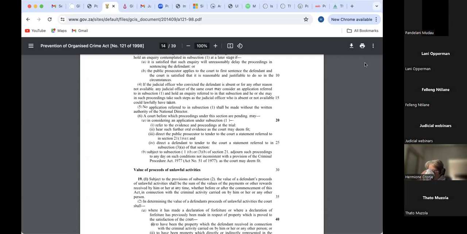What I wanted to know is, just as in the instances of minimum sentences and common purpose, when the trial starts and the presiding officer has to inform the accused of these procedures, is it expected of the presiding officer to warn the accused that an inquiry will be held in terms of Section 18? Well, a presiding officer can only know whether an inquiry will be held if there's a conviction.